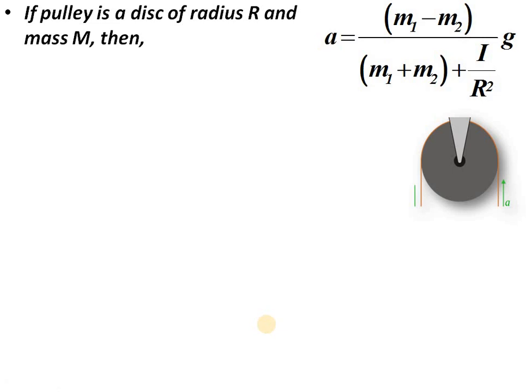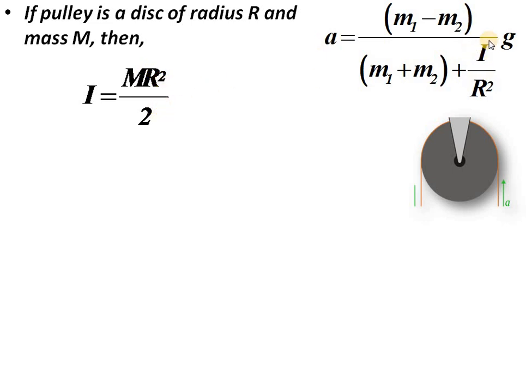Here you can replace your I, because I is the moment of inertia of a disc. You can compare your pulley with a disc or a cylinder, and the moment of inertia of a cylinder is given by I is equal to m r square by 2. We have studied it in one of the previous modules.